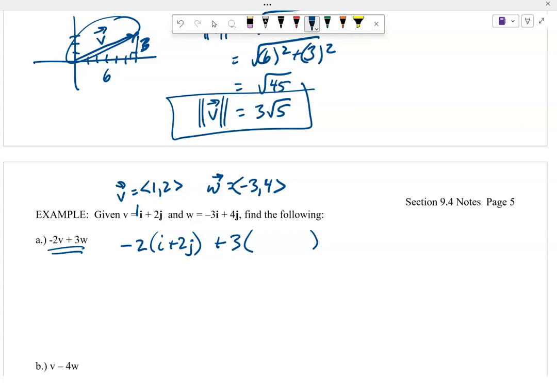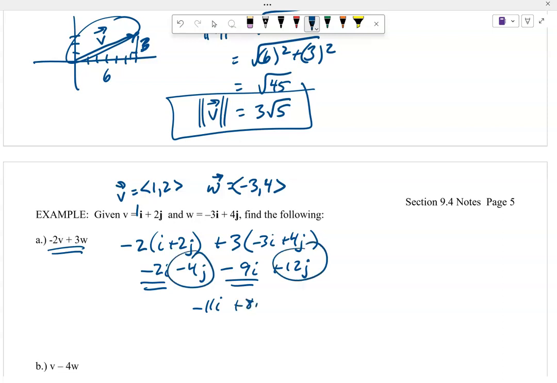Well, my w is negative 3i plus 4j. It's just nicer to work with it algebraically. These variables i and j. Negative 2i minus 9i, I got negative 11i, negative 4j plus 12j, that's 8j. Negative 11i plus 8j is the resultant vector, or negative 11, 8, same thing.